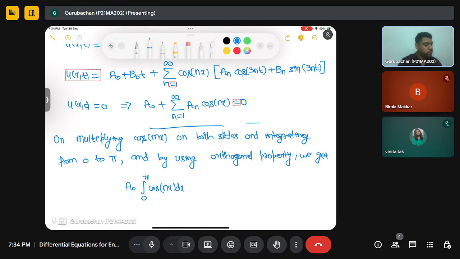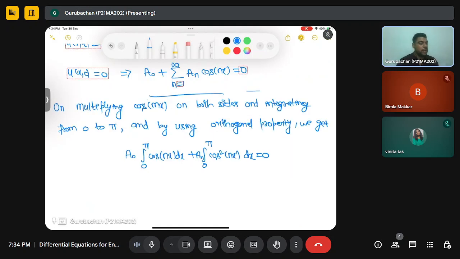Why am I writing nx? Because this series only gives a non-zero value when m equal to n. So this will be a n integral from 0 to pi of cos square nx dx equal to 0.